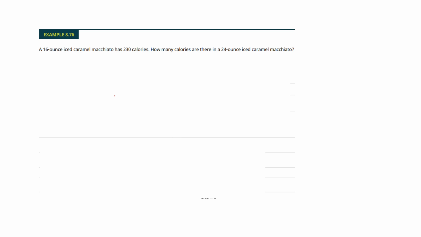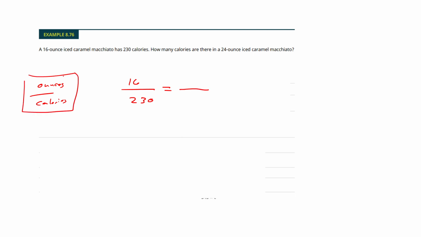All right, same thing. I'm assuming that what they're doing here is I'm going to do ounces over calories. So ounces on top, calories on the bottom. I've got a whole ratio set up. So let's go to the other side. So this is helpful because it does get confusing. Yeah, it is a little tricky.